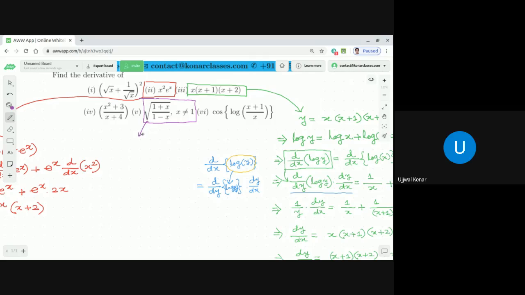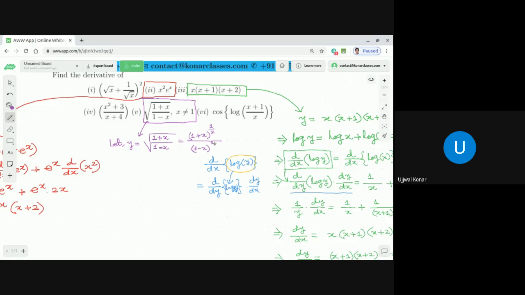So what we are assuming, let y is equal to square root of (1 plus x) by (1 minus x). That actually means (1 plus x) power 1 by 2 divided by (1 minus x) power 1 by 2.